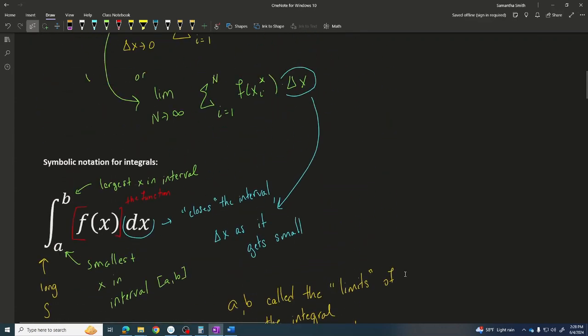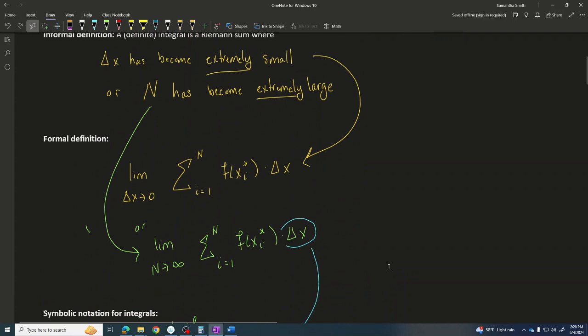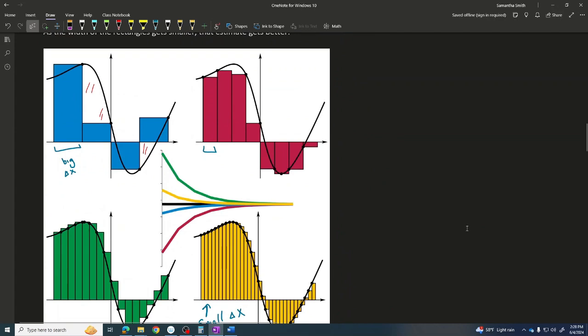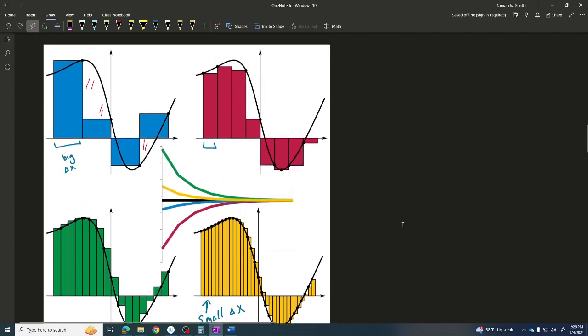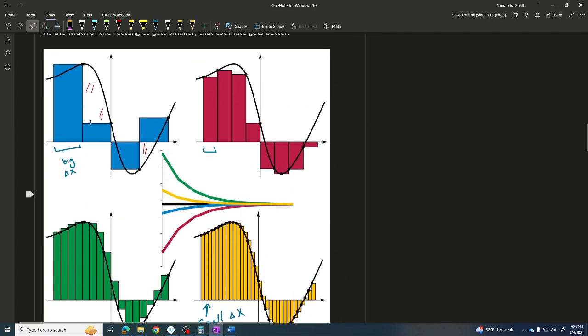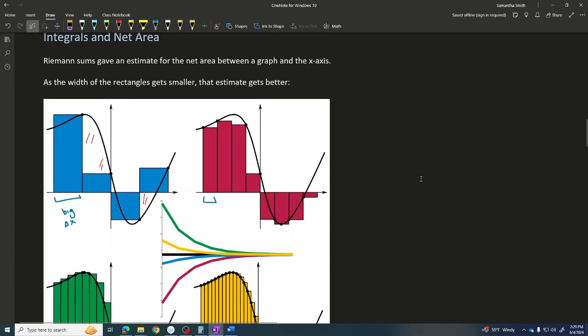Now, if you take that idea to its extreme, and you let delta x become extremely small, if you let it approach zero, like in a limit, then as delta x becomes smaller and smaller, all of these errors begin to shrink, and eventually the error completely goes away. As delta x gets smaller and smaller, what used to be an estimate now becomes perfect.